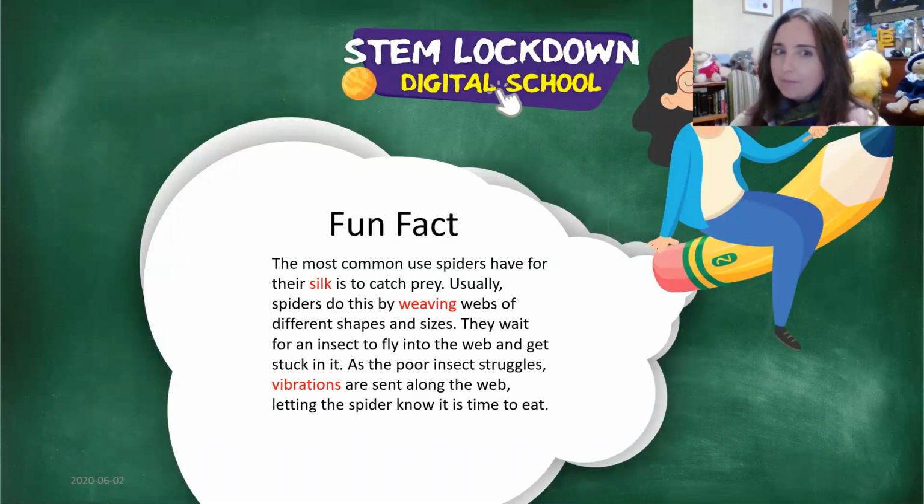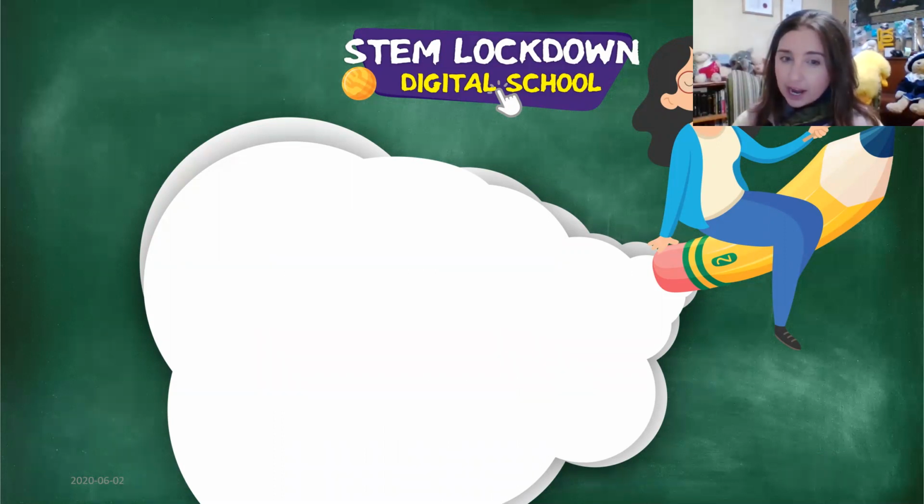Fun fact time. The most common use spiders have for their silk, so that's the threads, is to catch prey. That means to catch their food. Usually spiders do this by weaving, that is making that spider web, this shape.